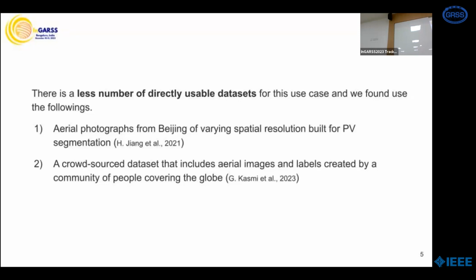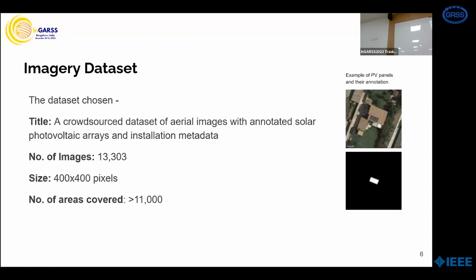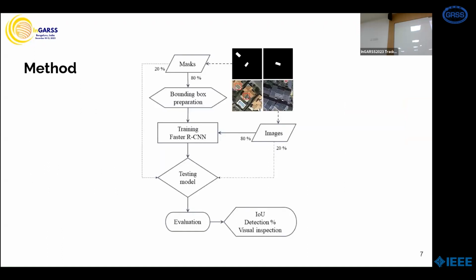Another was a crowdsourced data set, where a community contributed towards labeling satellite imagery obtained from Google. We chose the crowdsourced one because of its diversity in locations. It spanned a lot of different areas, and it has 13,000 images, each 400 by 400 pixels. It was a large amount of data, actually.